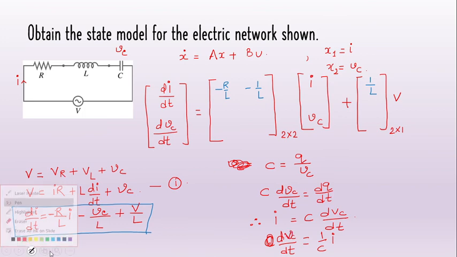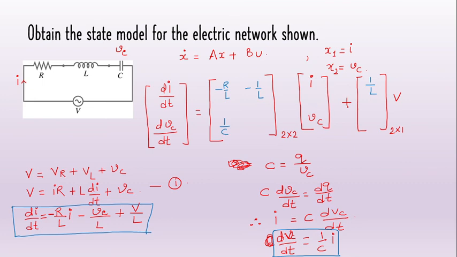Okay, so this is the equation required to fill in the blanks. So what will be that gap? As it is I, the value will be 1 by C.